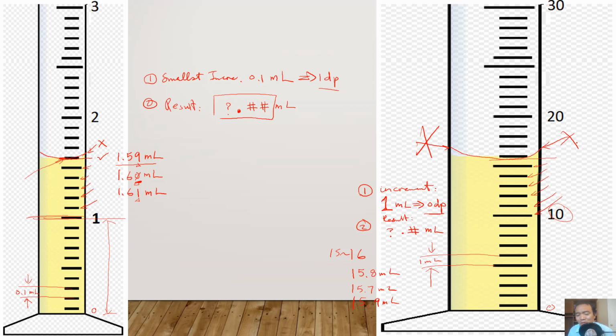Let's do a similar thing over here. So let's say the meniscus actually, look at the left side, falls right on this number 2. So let's make a meniscus that looks like that. If to your eyes it's right on that line, similarly, it should be written as 2.00 milliliter, because for this graduated cylinder, as we analyzed, it should have 2 decimal places.